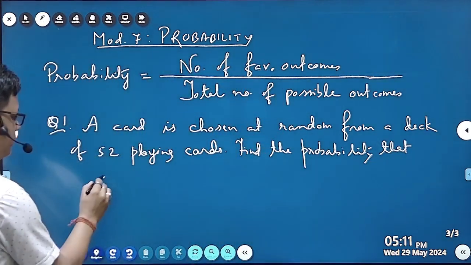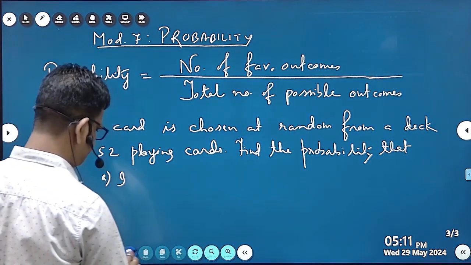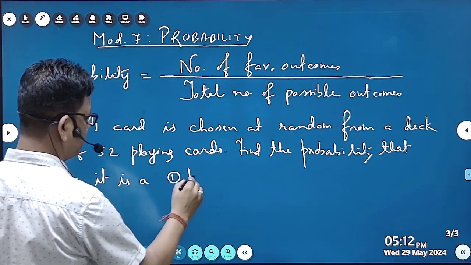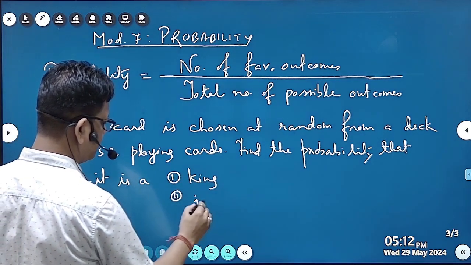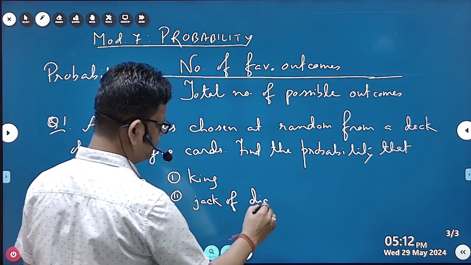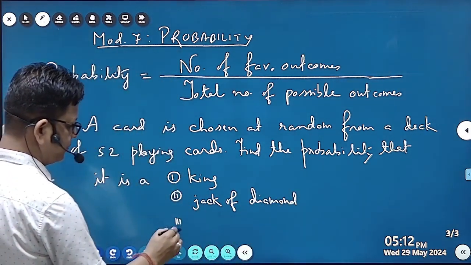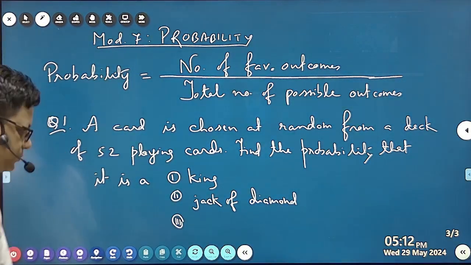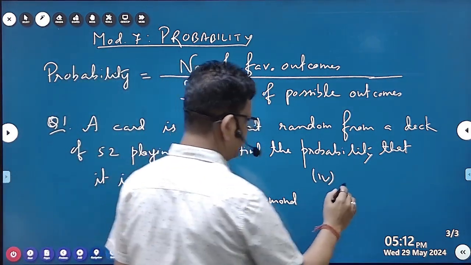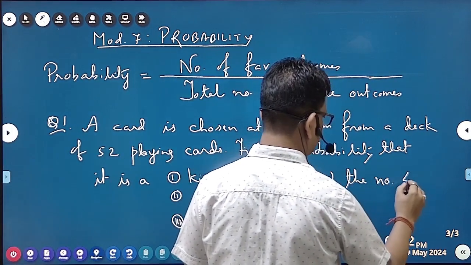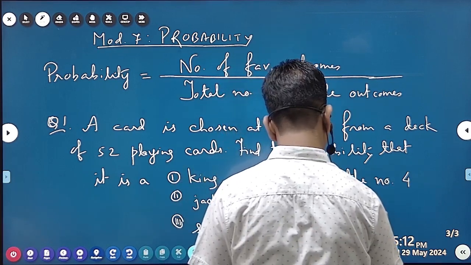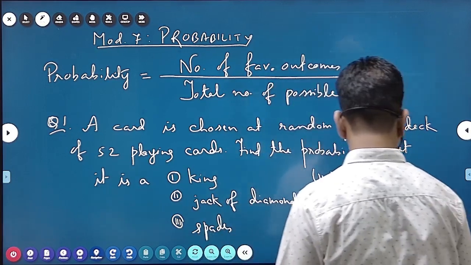Find the probability that it is: number A, a king; number 2, the jack of diamonds; number 3, a spade; number 4, a number 4; number 5, the queen of hearts.